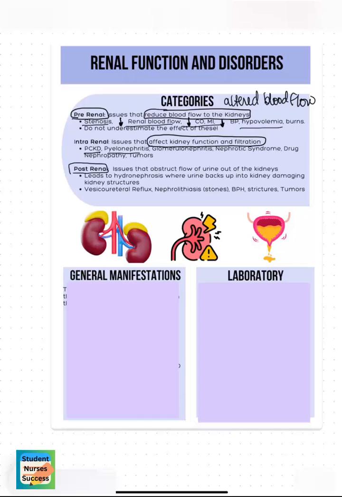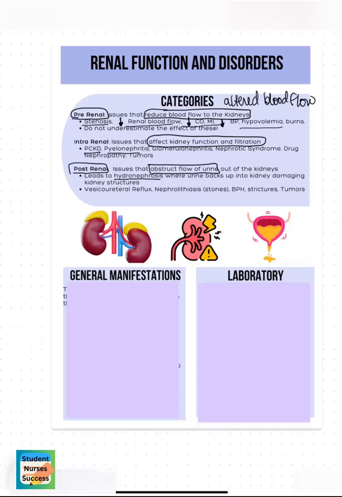Post-renal problems are issues that have to do with obstruction of flow of urine out of the kidneys. So, how prerenal had to do with blood circulation and blood volume, postrenal really has to do with the backup of urine itself into the kidney system. What happens with postrenal issues is when urine cannot flow out, it starts to back up and it causes hydronephrosis or swelling of that kidney.